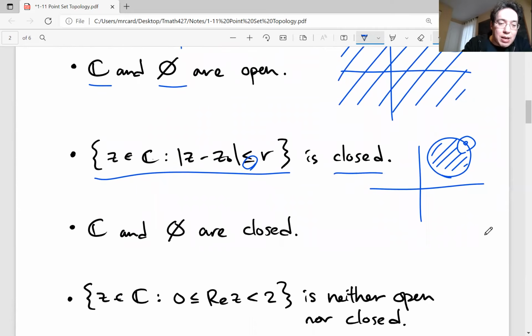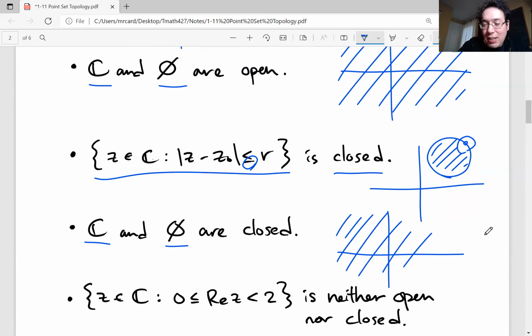Okay. This might be weird to think about, but if you look at everything in the complex plane, there are no boundaries. Because for it to be a boundary, when you draw a circle, you have to be able to find points outside of the set. But that doesn't exist if the entire complex plane is the set. So if it contains all of the boundary points, which is nothing, and every set contains the empty set, it is considered closed.